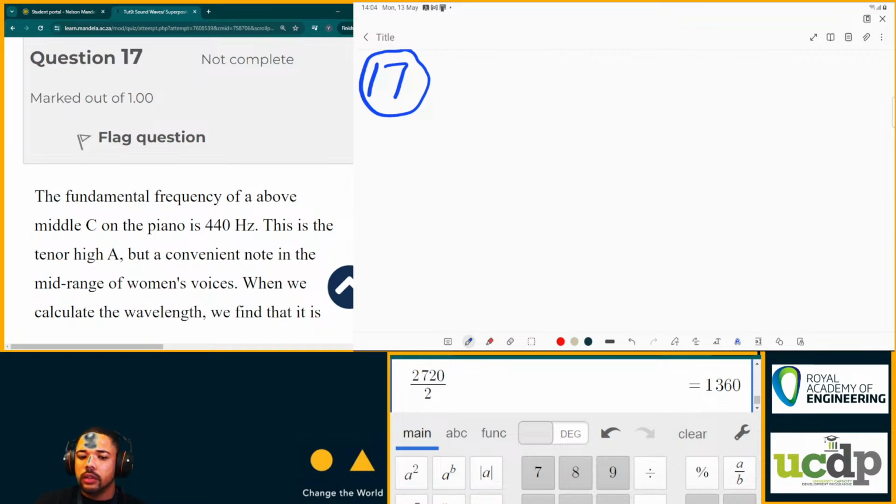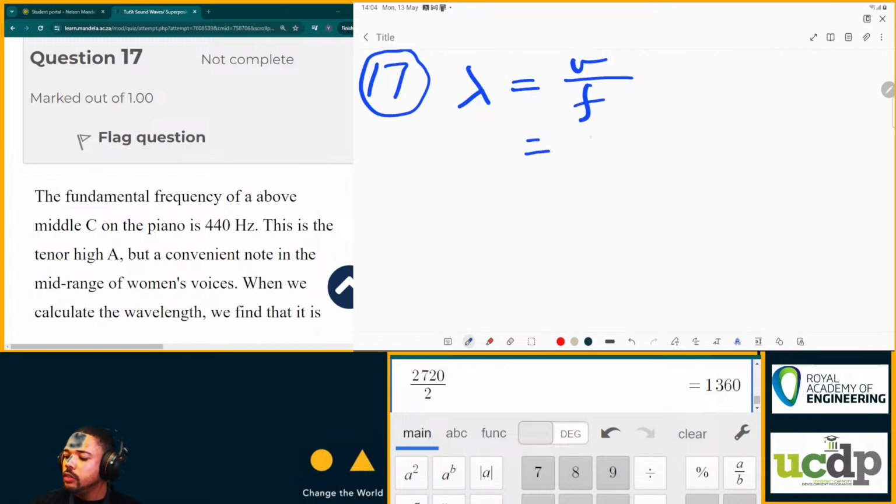Okay. Now, let's calculate this wavelength. We know that wavelength is equal to velocity divided by frequency.